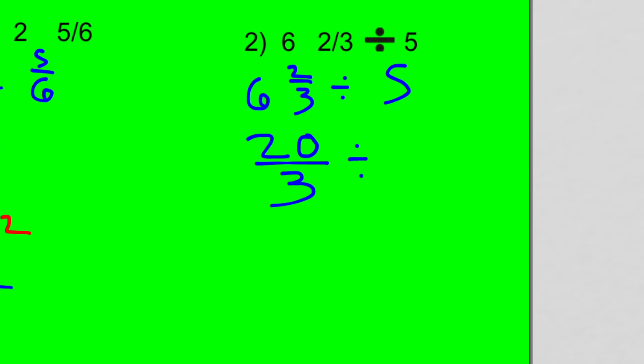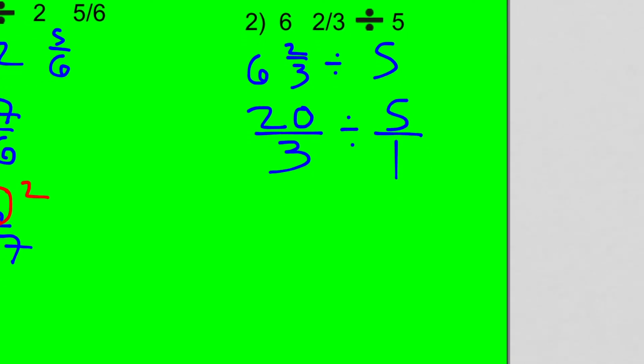Divided by, we'll make 5/1. Now we're going to do Kentucky chicken fried, keep, change, flip. We'll keep the first fraction the same, 20/3. We'll change divide to multiply, and we'll flip 5/1 to its reciprocal, 1/5.